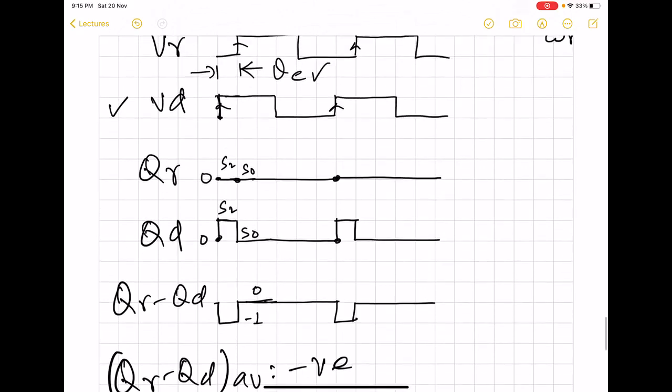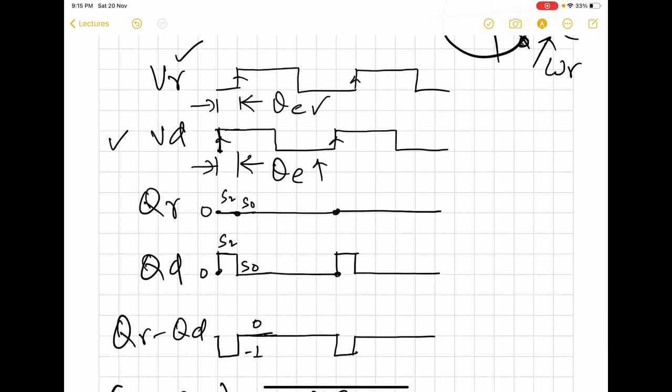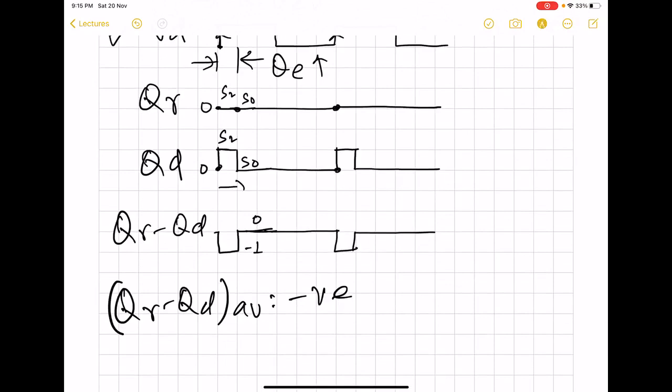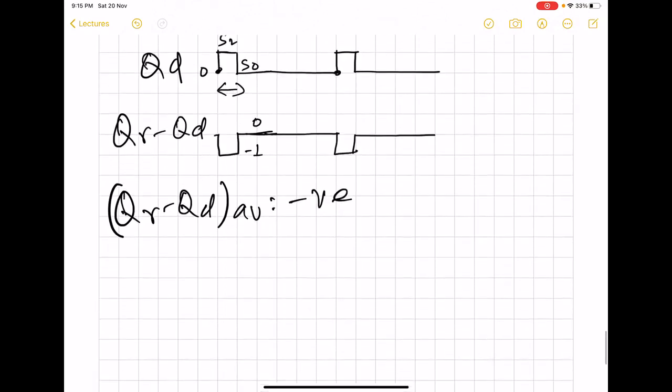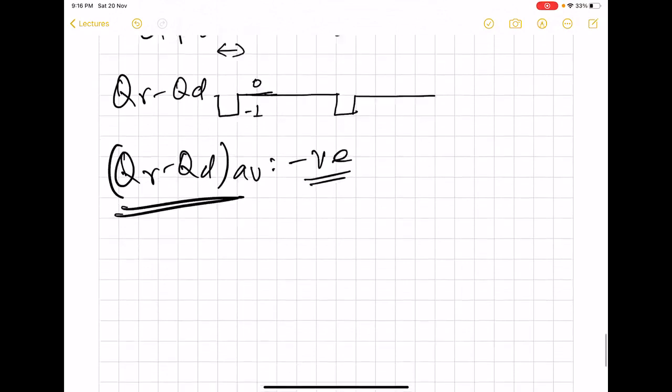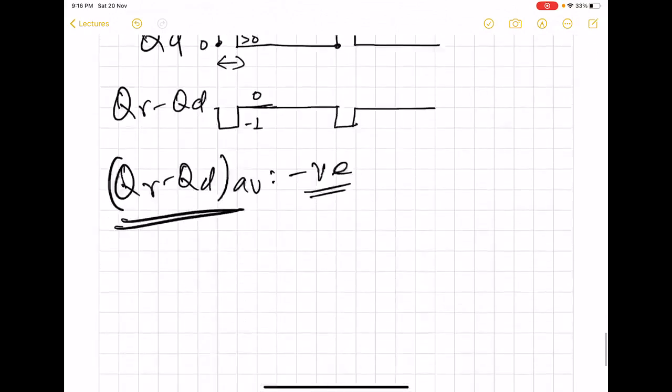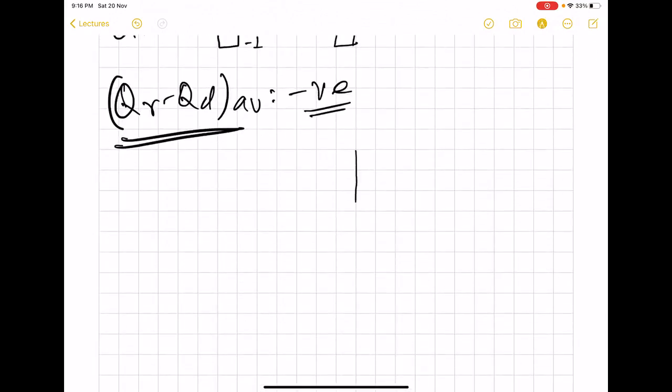And as you can see, when the gap between them increases, which corresponds to the phase error, we are going to get a wider and wider pulse width. So the DC content of their difference is going to increase, but of course it will be more and more negative. So what we are now going to get is a characteristic like this. Here we have theta E, but now this is negative.